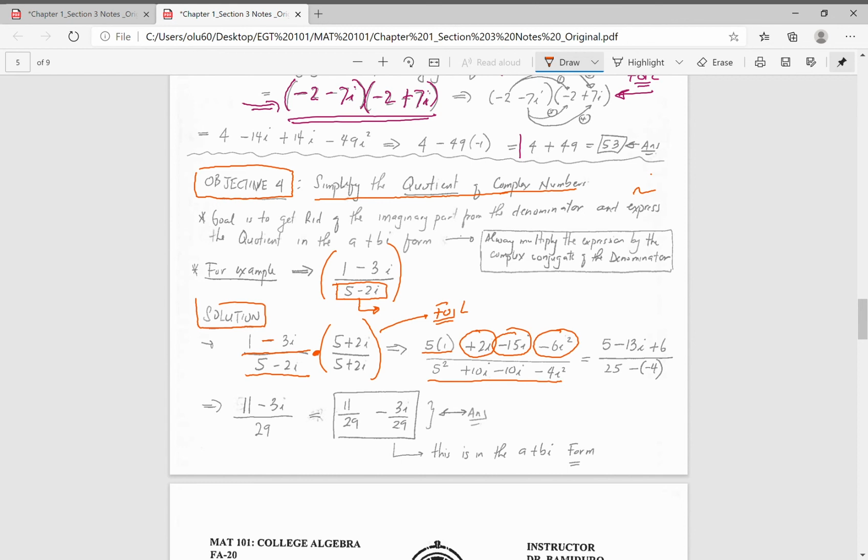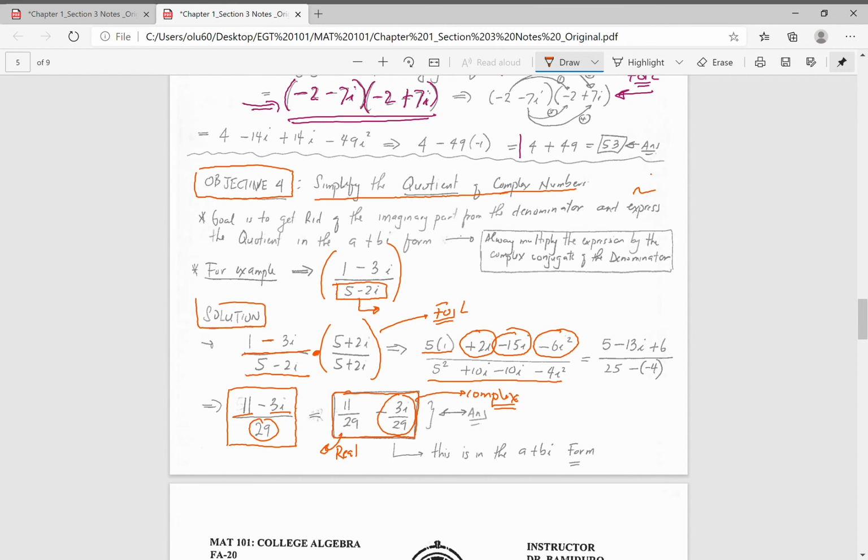When you finish your expression, you're going to get 11 minus 13i divided by 29. But don't stop here. This 29 belongs to the 11 and the 13i, which you can see here is being broken up. This is your real number, and this is your imaginary number.